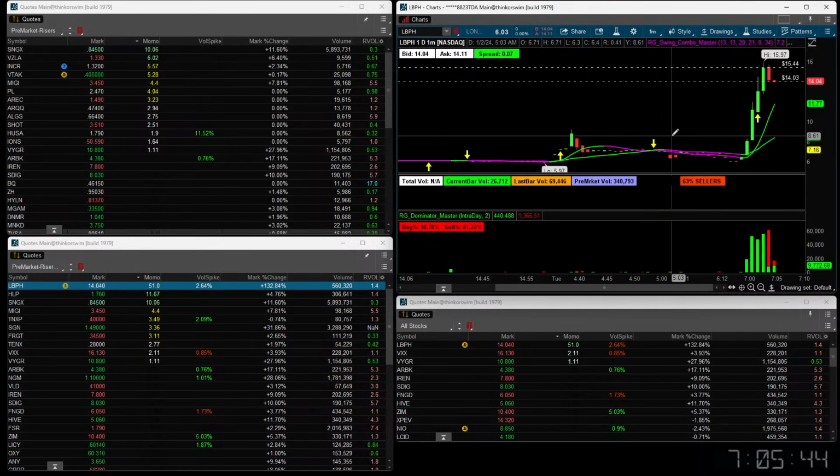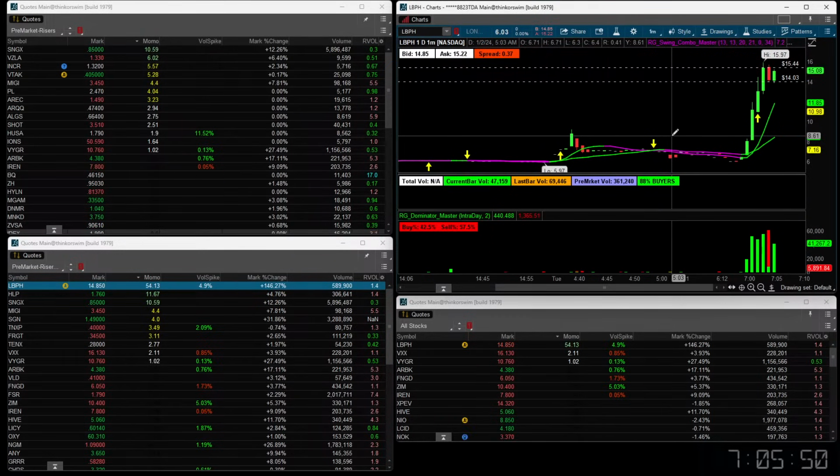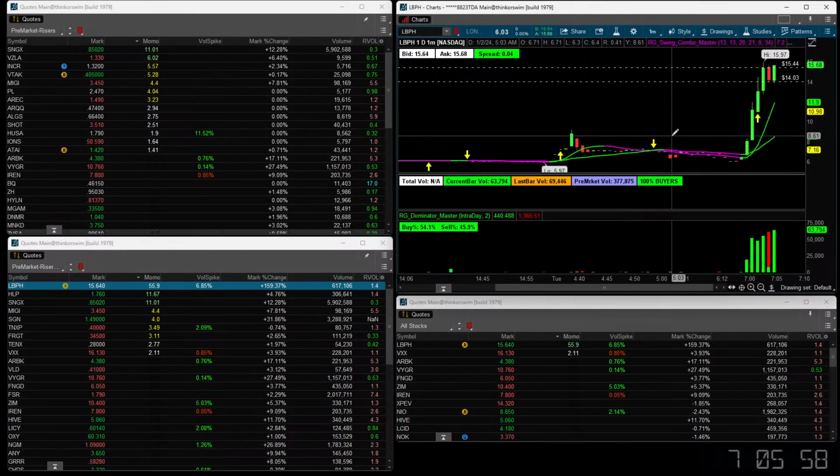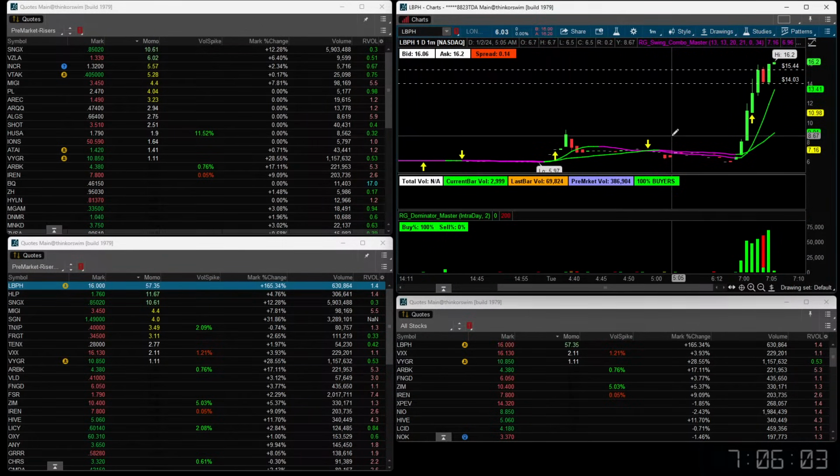Or does it fail? There it goes. It's trying. There it is. It broke through 15.44. That was a perfect pullback. Now running up again.